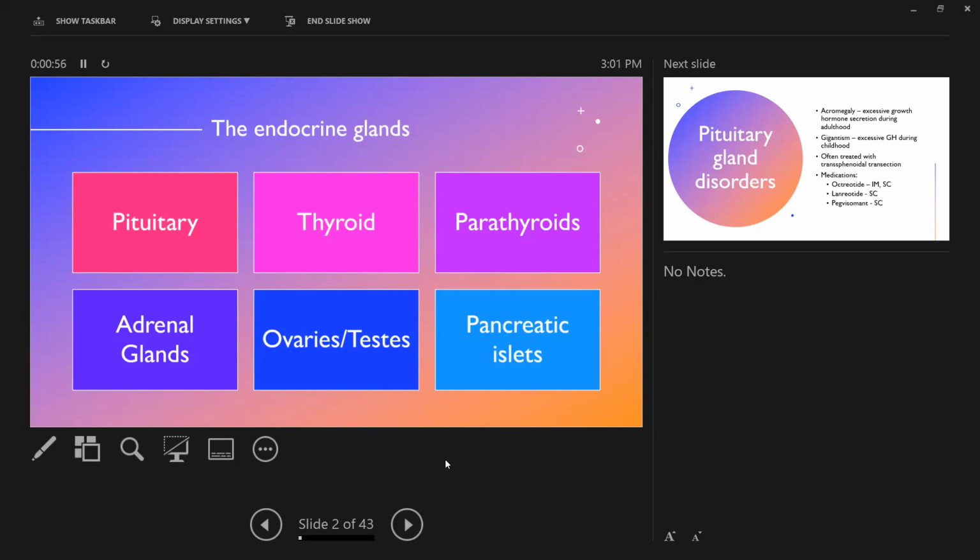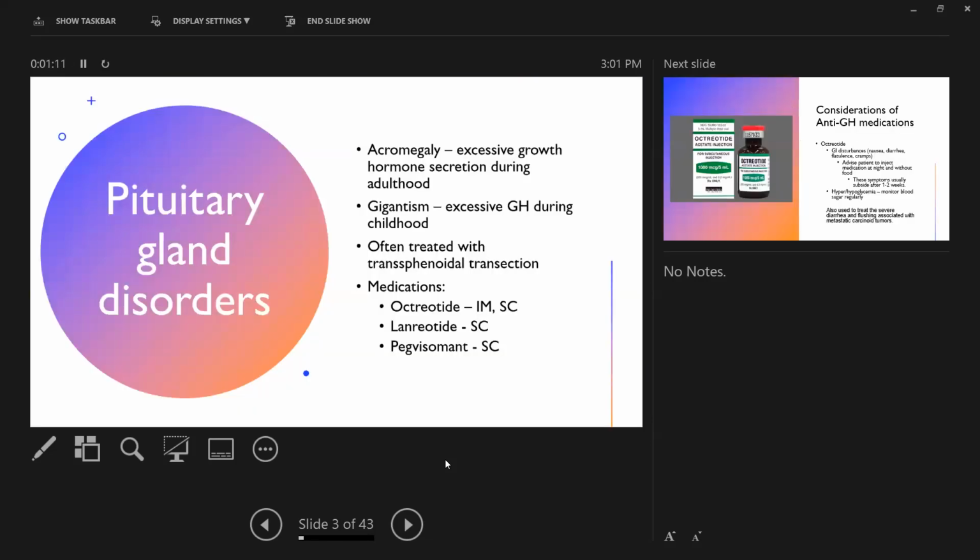We'll talk first in this presentation about the pituitary gland and medications for disorders of the pituitary gland, and then drugs that address disorders of the thyroid gland. So the first pituitary gland disorder I'd like to discuss are disorders of growth hormone secretion.